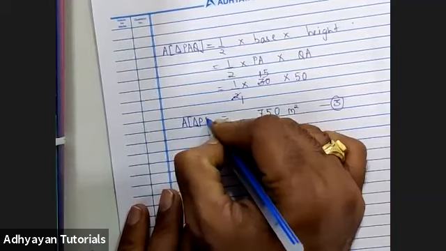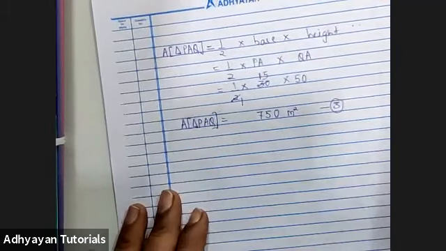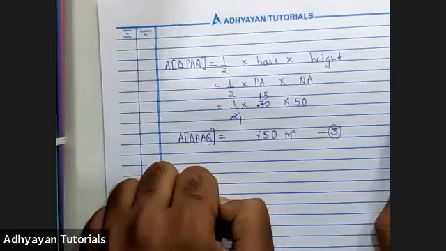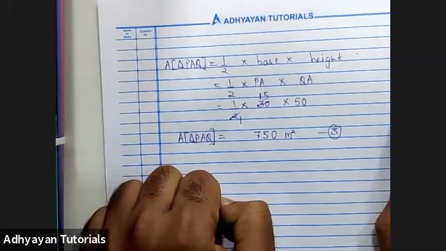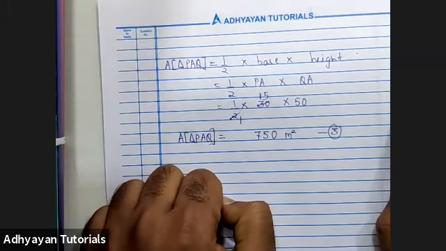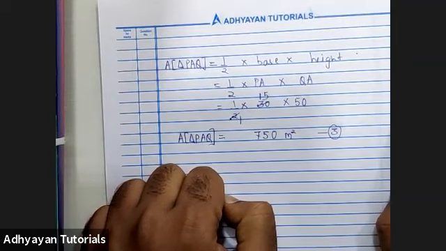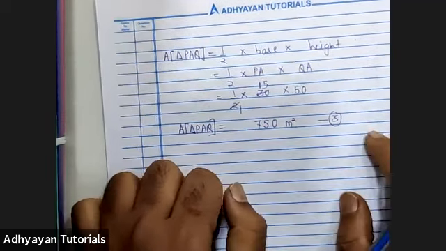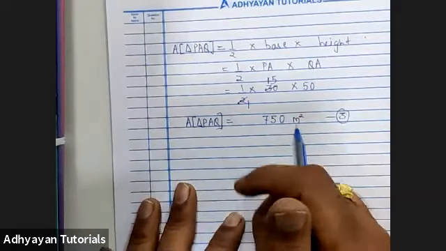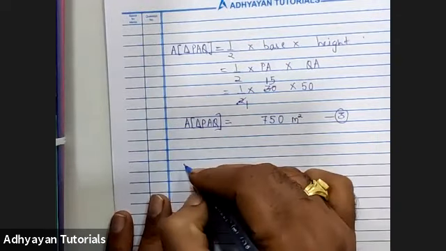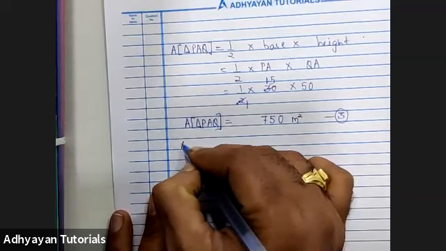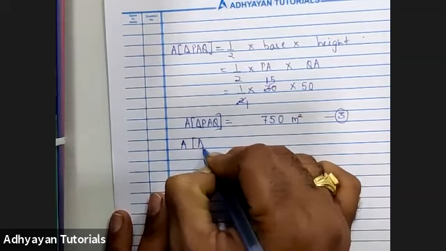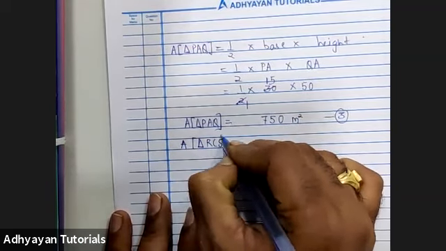Any doubts till this point, children? Just say a yes or a no, so that I understand whether to move ahead, right? Vedika has confirmed she has no doubts. Shreya has also confirmed. Okay, assuming all the other kids do not have any doubts. Yeah, now I move on to the other triangle, that is area of triangle RCS.